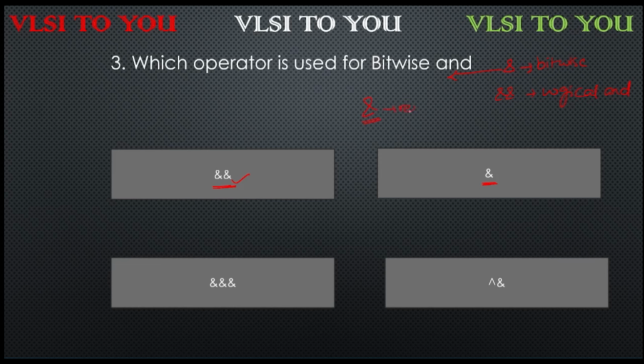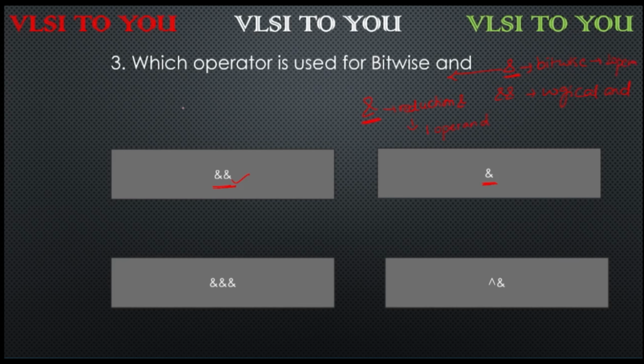What is that? Reduction AND. Reduction AND is also a single ampersand, whereas bitwise AND is also single. But how will you see the difference between bitwise AND and reduction AND? Reduction AND will have only one operand. Bitwise AND will have two operands.